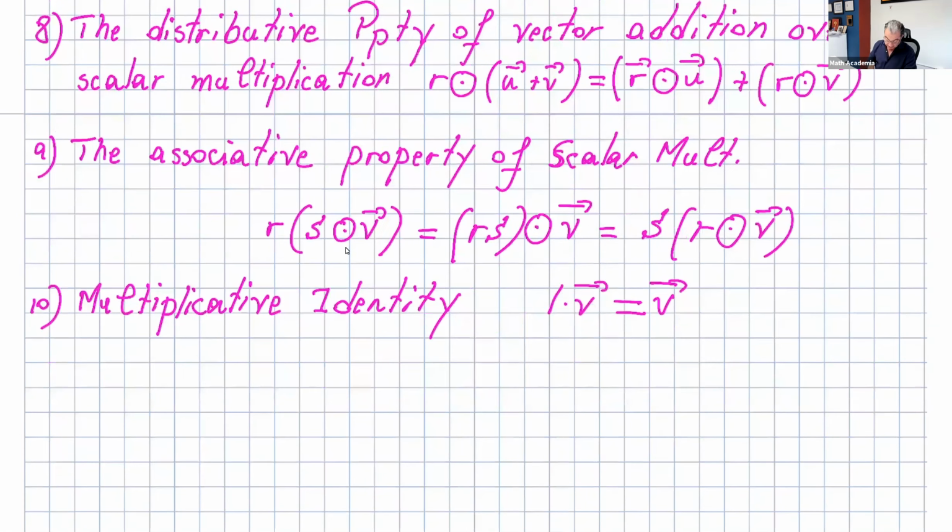And finally, the multiplicative identity: 1 times V is going to just give you V. So that's the 10 axioms.